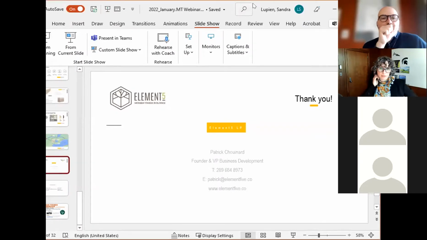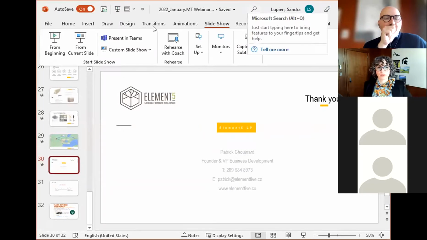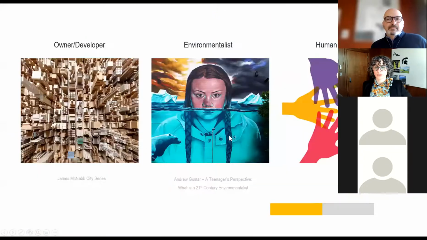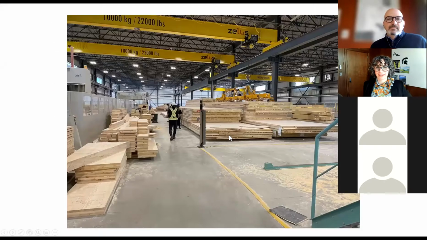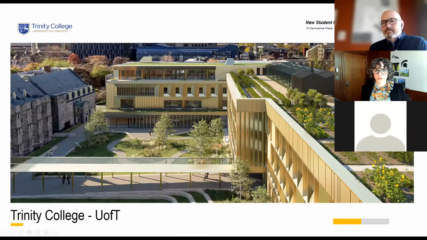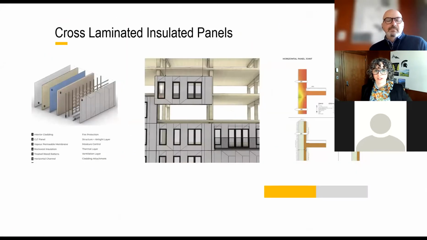Element 5 is helping to pave the way for that along with some other stakeholders in the space. And we are going to follow what's happening there and help you get in touch with resources that can help you do affordable housing projects with mass timber in Michigan.